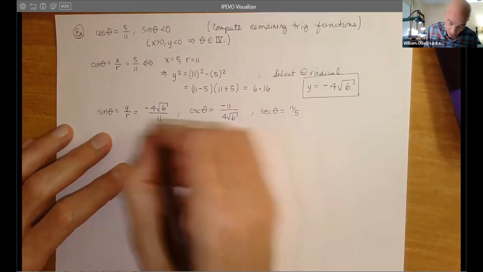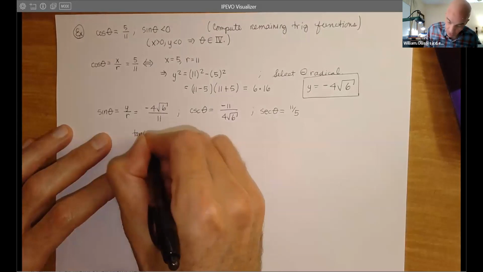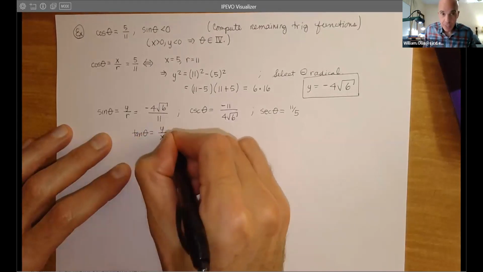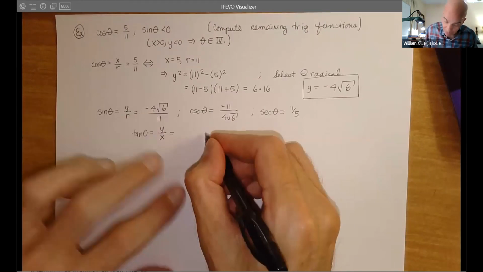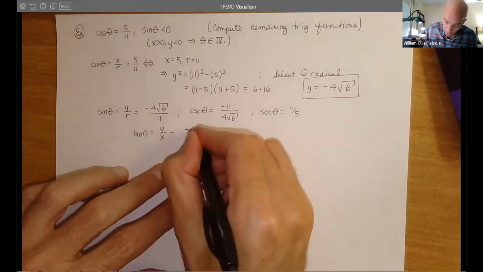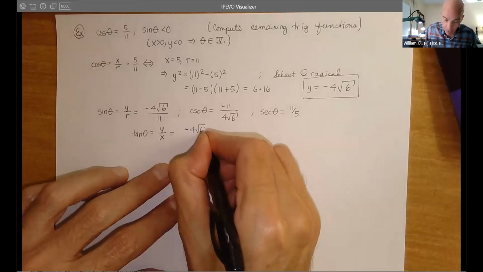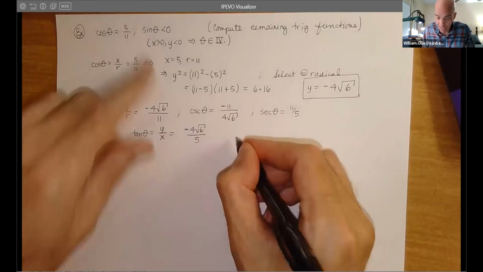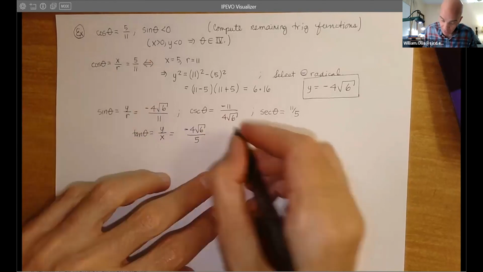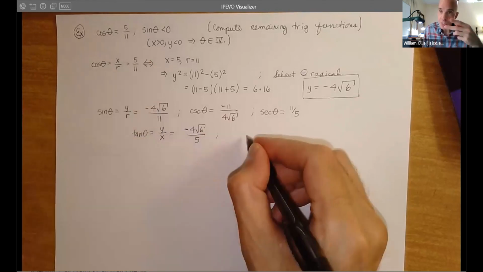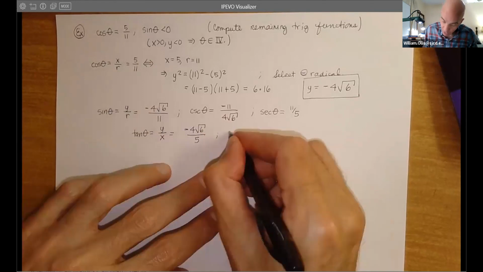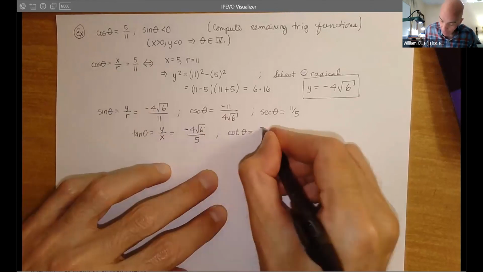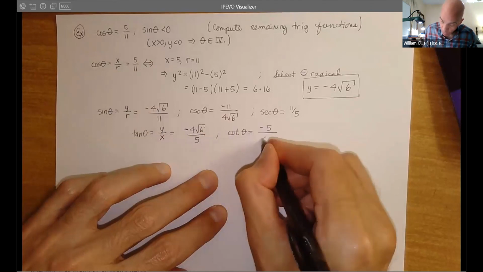And so now tangent theta will just be y over x, opposite over adjacent. So that will be negative 4 root 6 over what, 5. Just follow the x in there, the y's. And then, of course, cotangent is the reciprocal of tangent. So that doesn't change. And that'll be a negative 5 divided by 4 root 6.